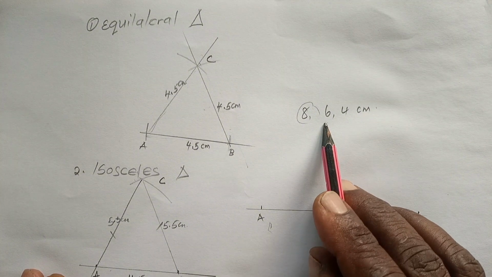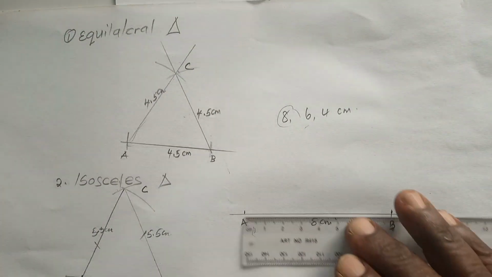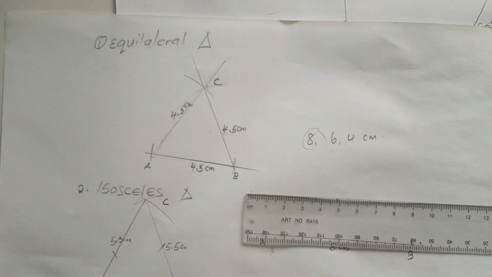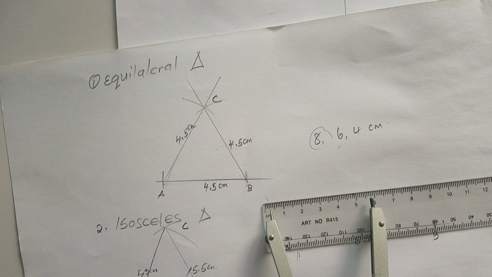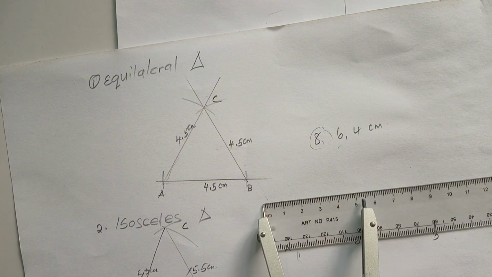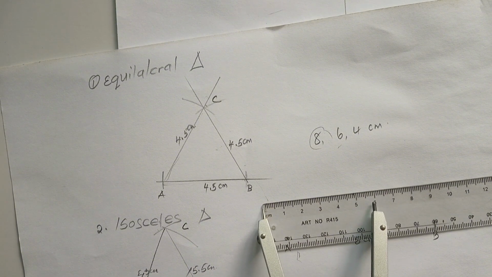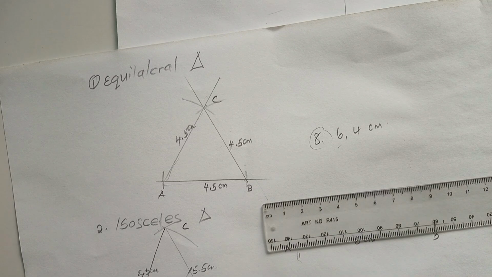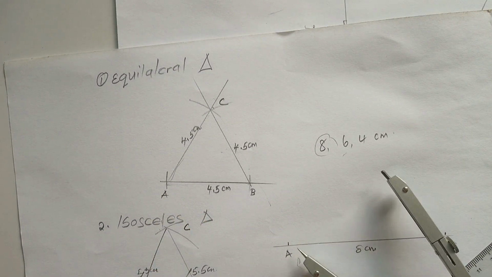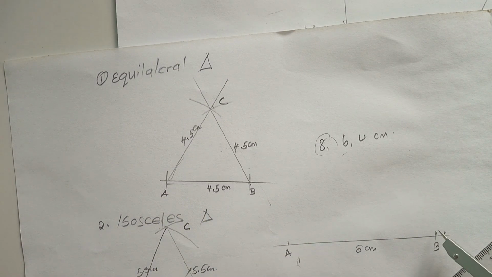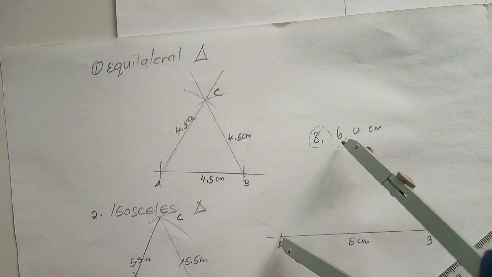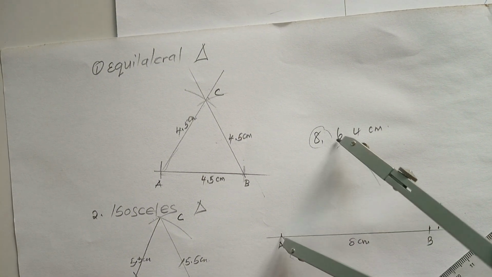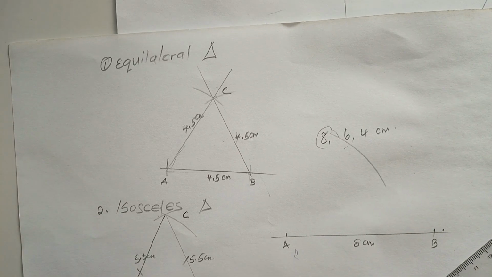Now for the 6 centimeters, this is our ruler. We're going to measure 6 centimeters. So here is 6 centimeters. Then we can stand in either point. We can stand at this point here. We strike an arc there and leave it.